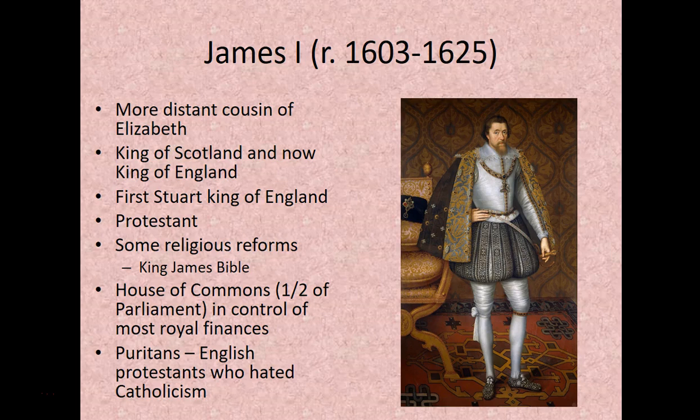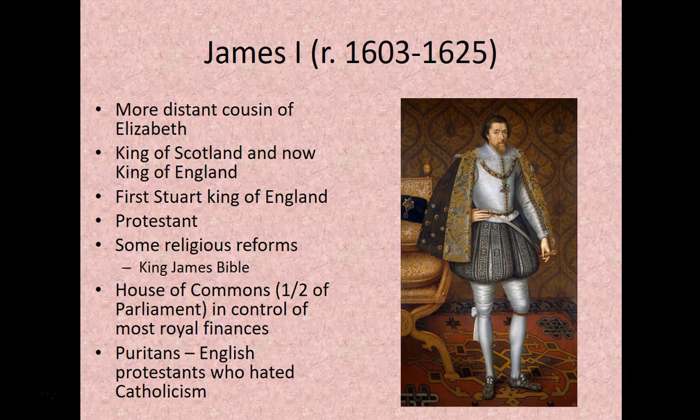But like I said, he's in many ways like Henri. Remember how Henri was the King of Navarre before he became the King of France? This is James, who's the King of Scotland, and then he will also become the King of England. And so we see the United Kingdom forming, because the king now is the King of both Scotland and England.